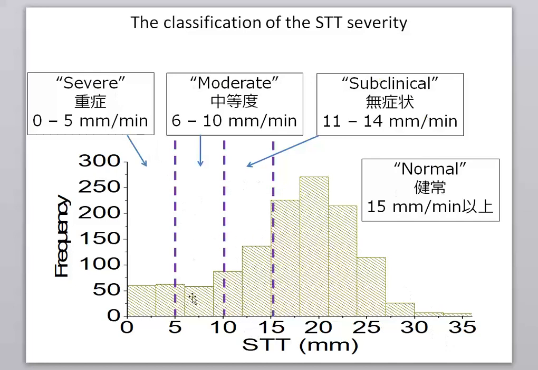The criteria, which you can easily find in any veterinary ophthalmology textbook, are 5mm, 10mm, and 15mm respectively. Now we divide the total population into these 4 groups, which allows us to discuss cutoff length determination.